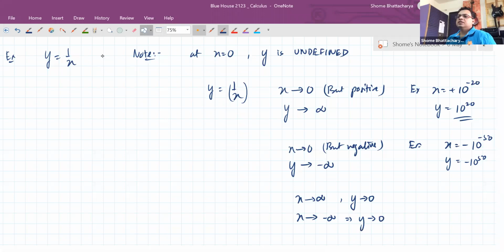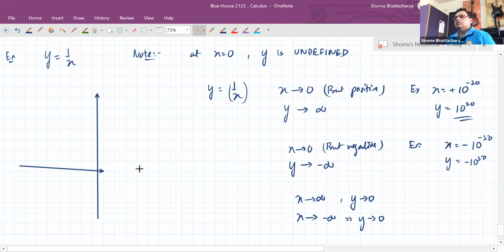So the graph reflects this particular nature of the function. Just like this, we will show that it never touches this, but as x goes closer and closer to 0, but on the positive side, y goes closer and closer to infinity. Similarly, as x tends to infinity, y tends to 0.